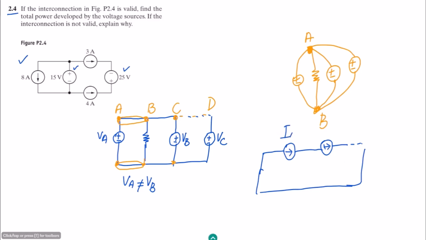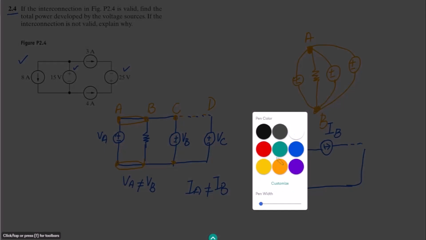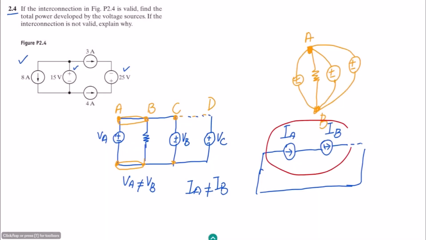If this is IA and this is IB, and IA is not equal to IB, this is also an invalid circuit, because according to circuit analysis rules, the current in a branch of a series circuit always remains the same. But here we can see that this is not the case when this condition is satisfied.